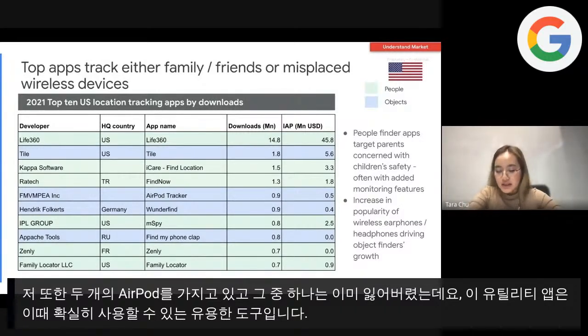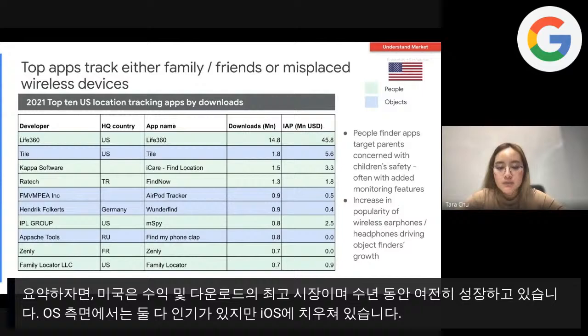So as you can see in summary, the US is one of the top countries globally, both in terms of revenue and share of wallet, and it's growing over the years. The operating system in the US is both iOS and Android, but skewed more toward iOS, so how you have a strategy there is important.